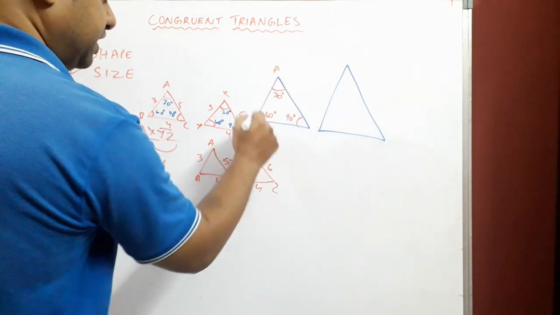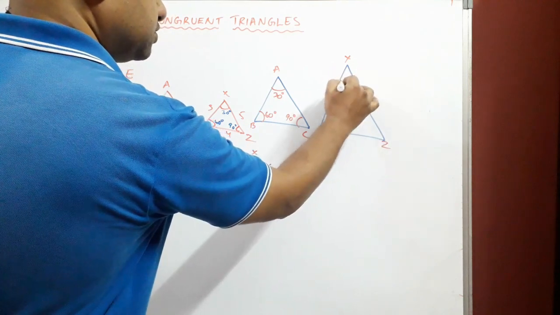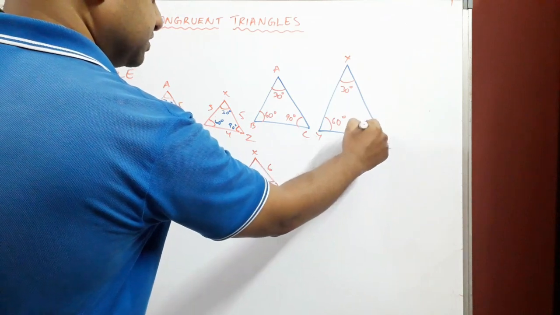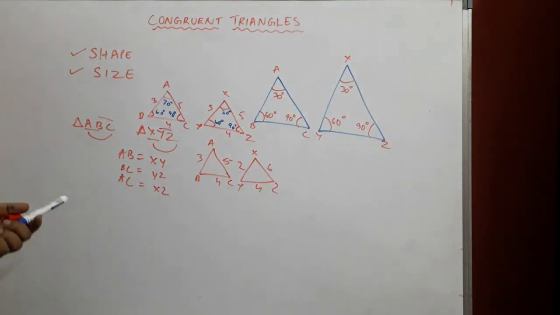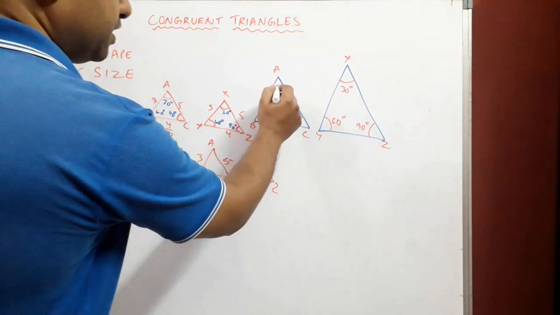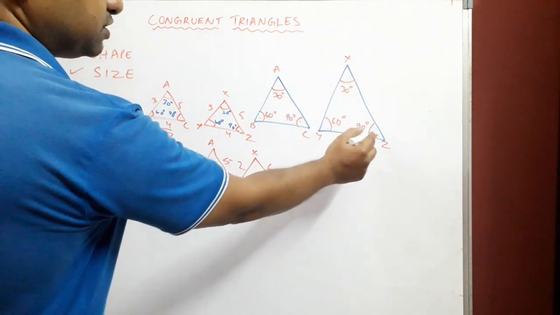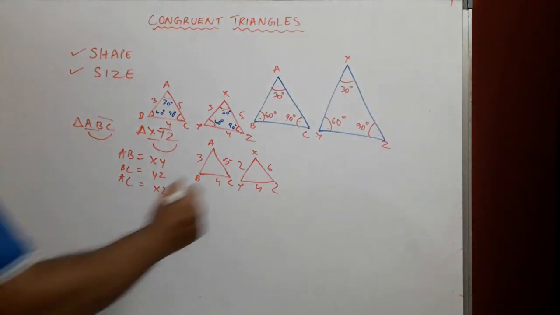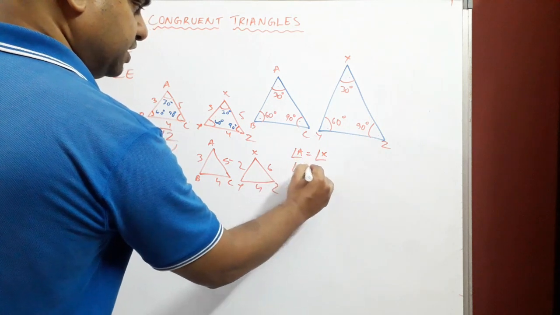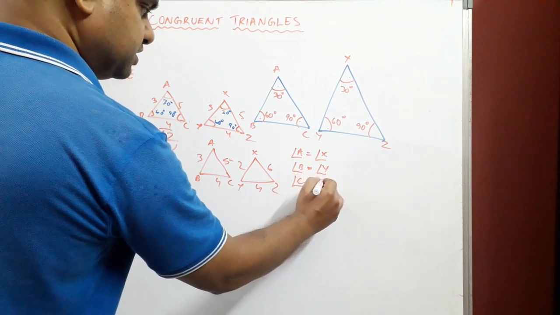So this is A, B and C, and this is X, Y and Z, and this is also 30, 60 and 90 degrees. Now when we say corresponding angles, we are referring to angle A corresponding to angle X, angle B to angle Y, and angle C to angle Z. Now in this case, angle A is equal to angle X, angle B is equal to angle Y, and angle C is equal to angle Z.